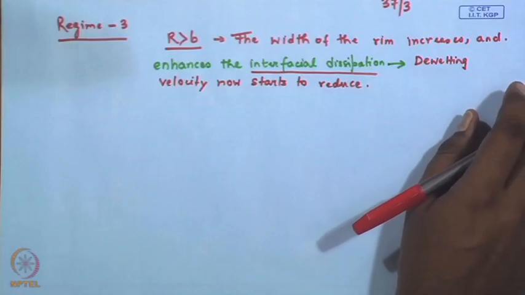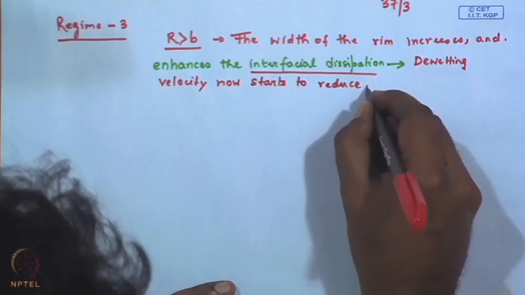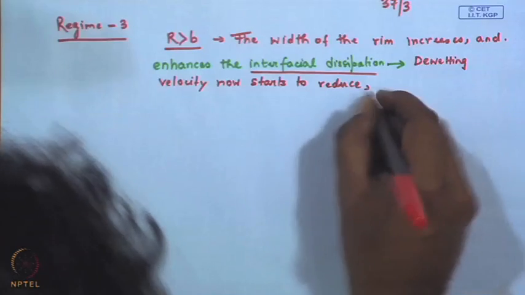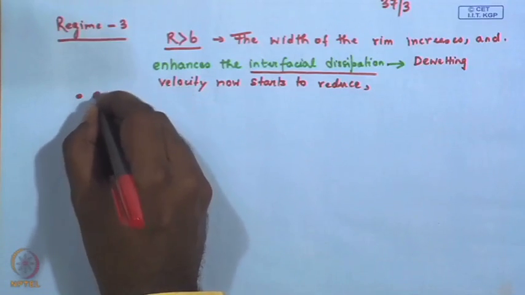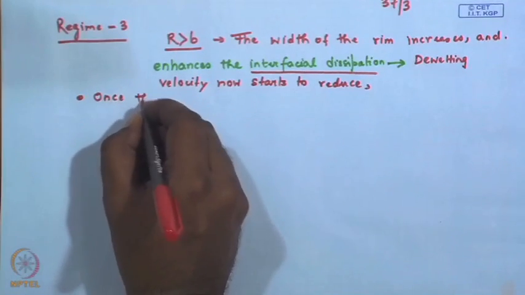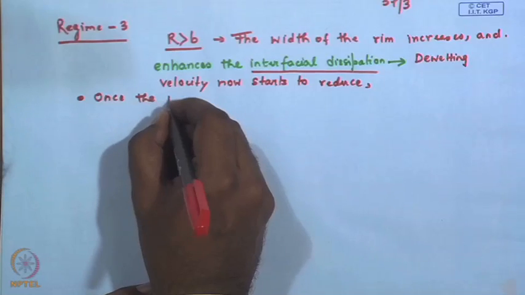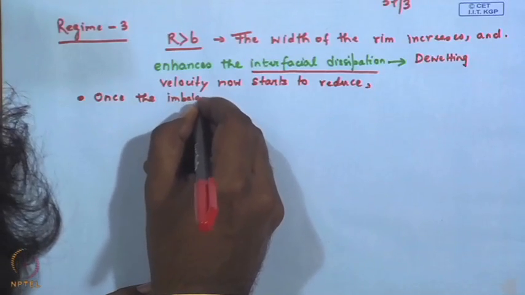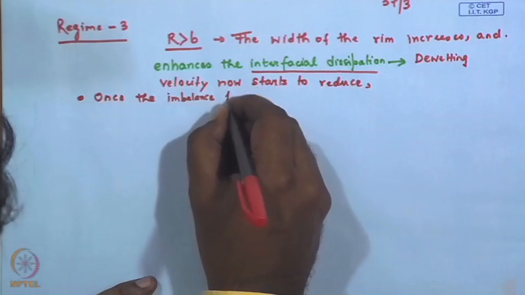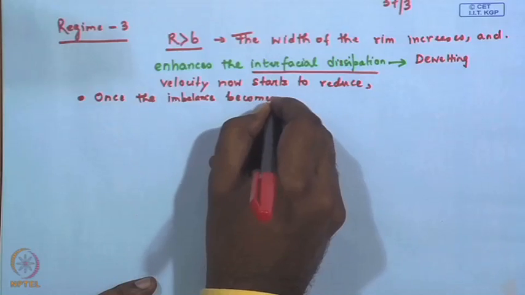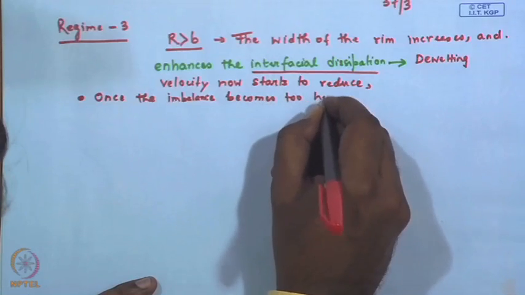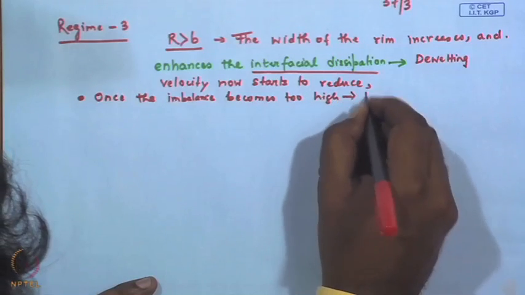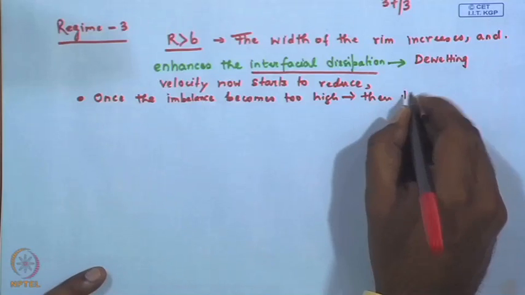Okay. And once the imbalance becomes too high, then dewetting stops completely.